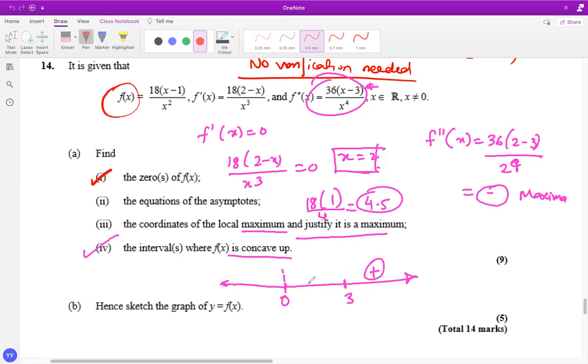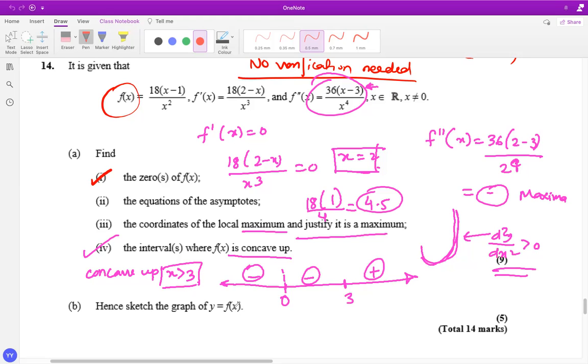Take a value lower than 3, it will be negative. Beyond 0, if I take a negative value, overall it'll be negative. So it's concave up for x more than 3. Where your double derivative is positive, we call it concave up.